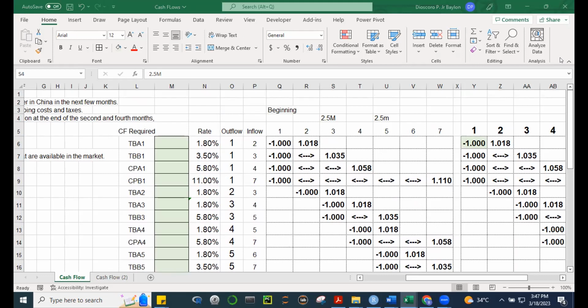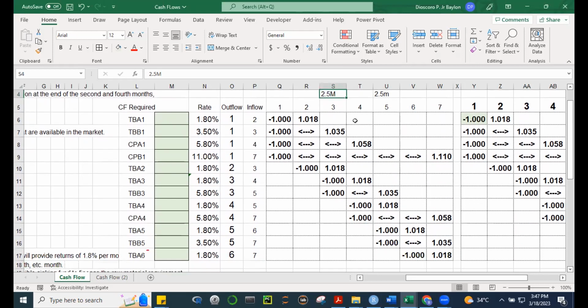Okay, all right, good. I think everybody answered in the affirmative, and that goes through for month number 4. This is the advantage of having spelled out our factors: 1.058 times CPA1 plus 1.018 times TBA3 minus TBA4 minus CPA4 is equal to 0. That means everything that we get, we put in either TBA4 or CPA4.